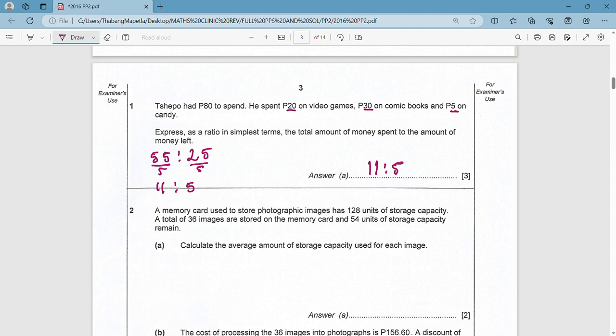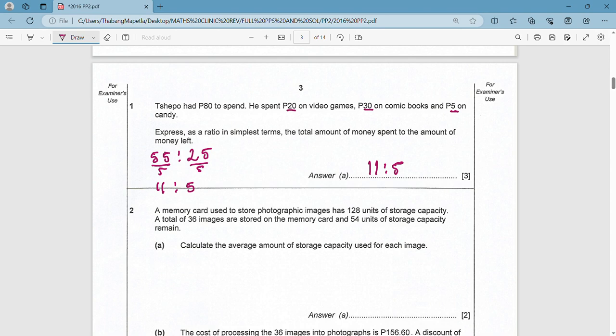Number 2 says a memory card used to store photographic images has 128 units of storage capacity. A total of 36 images are stored on the memory card, and 54 units of storage capacity remain. Calculate the average amount of storage capacity used by each of the images.